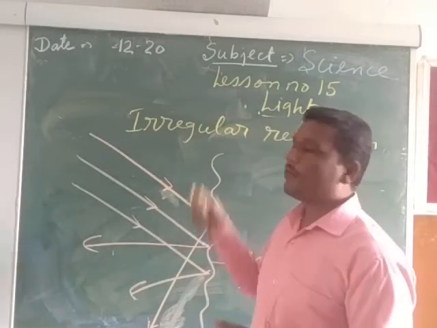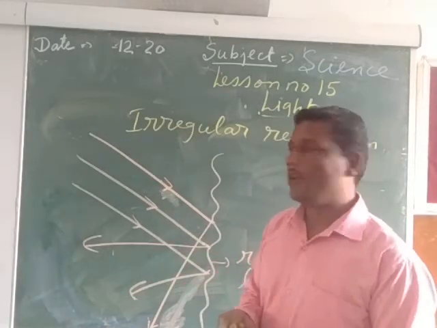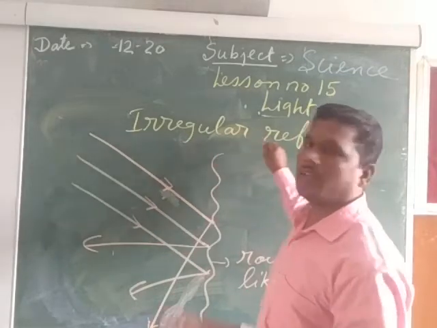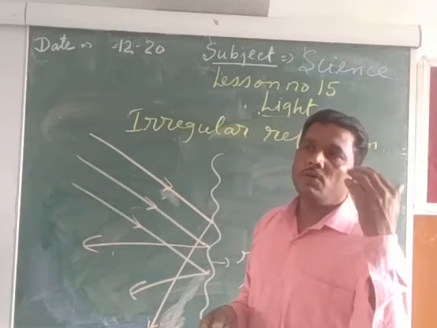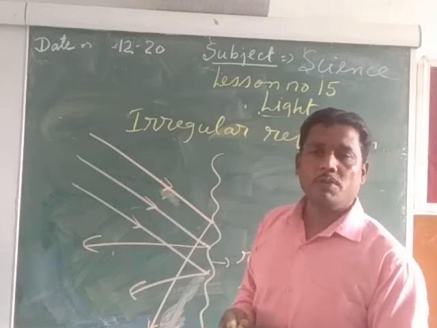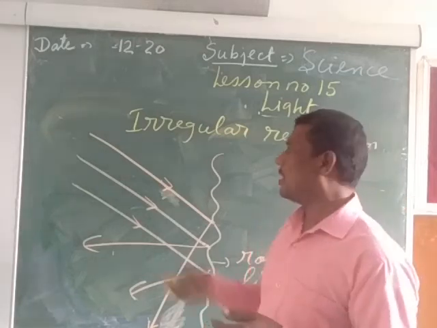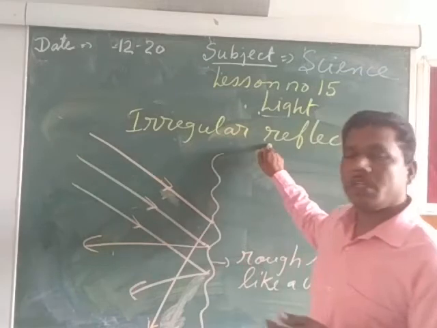Irregular reflection does not form the image of the object. So my child, that's why the images are not being formed on the wall or on the stone or on the ground.